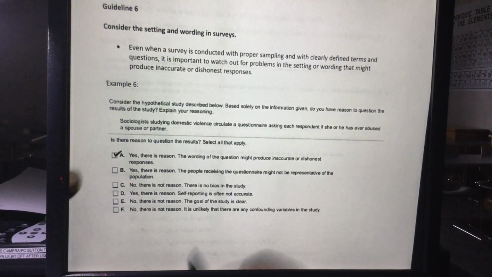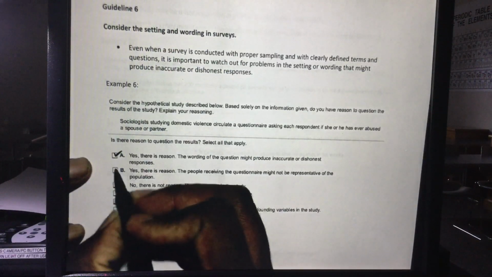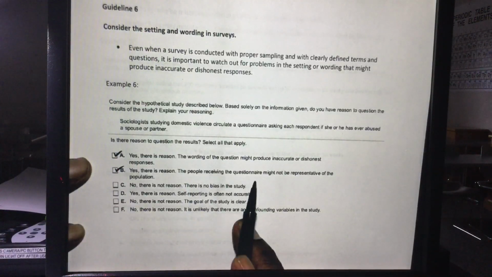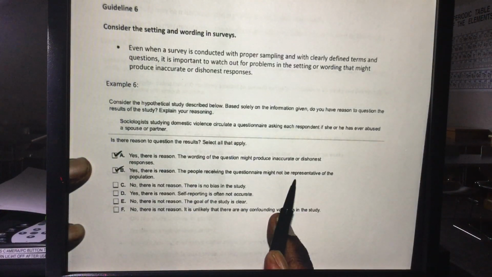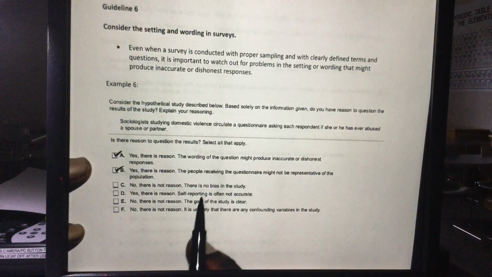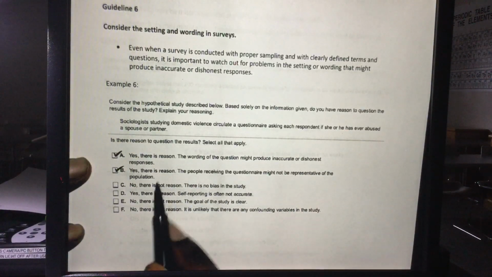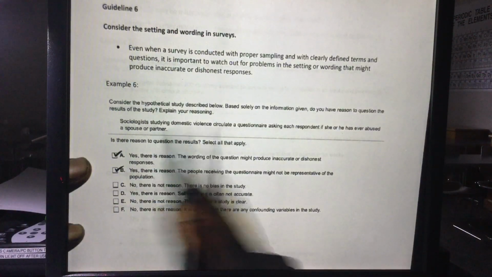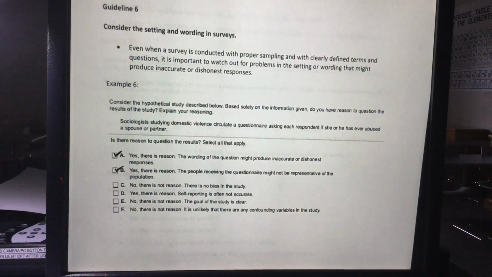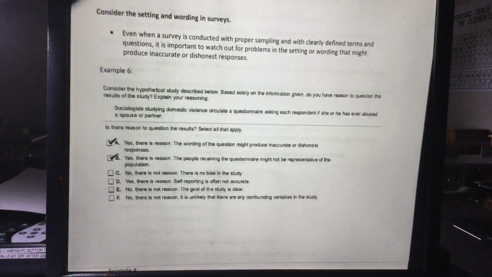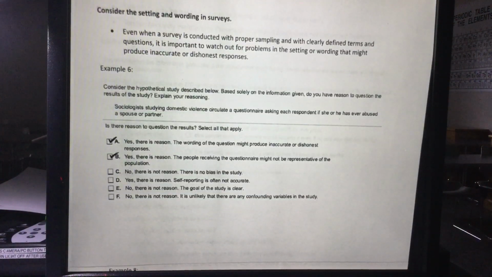Another reason would be if they're receiving a questionnaire that might not be representative of that population. Here, they're circulating a questionnaire, and they could be circulating it in various places.